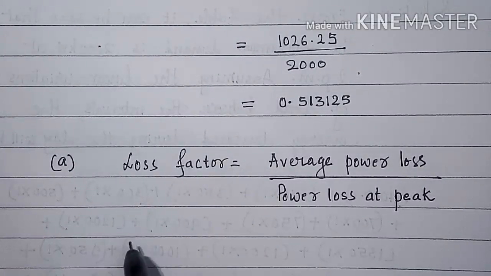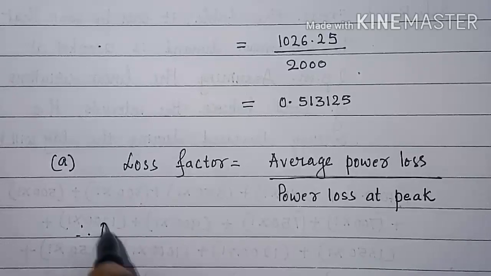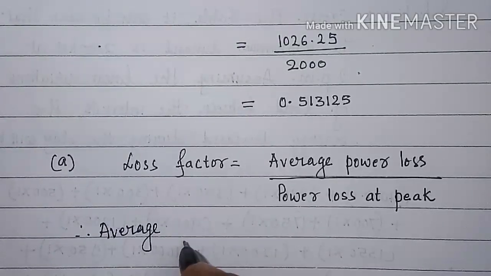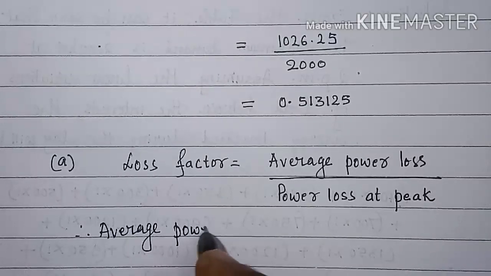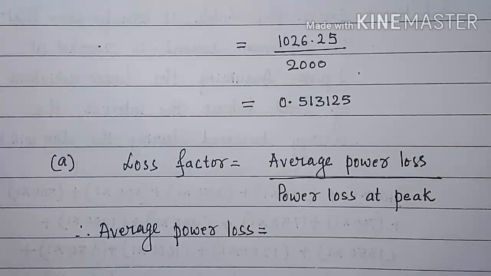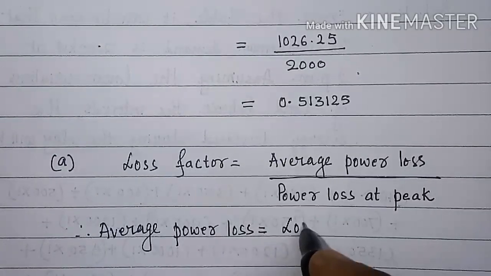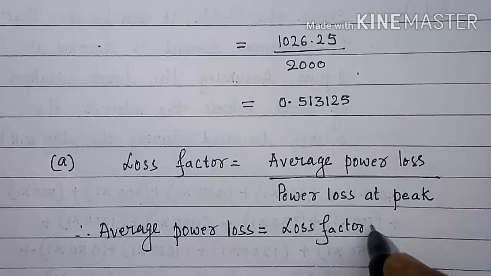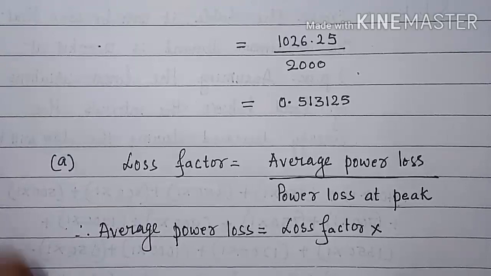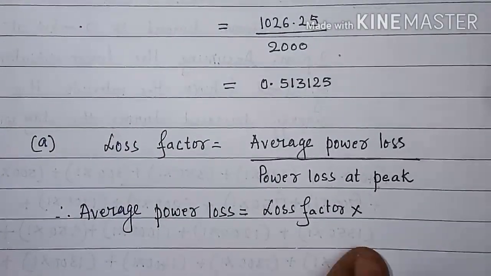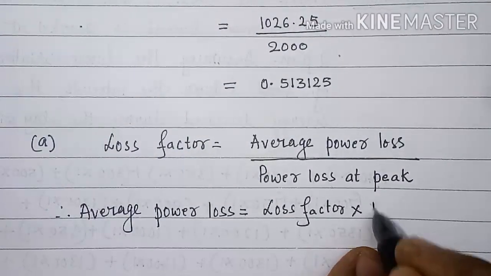So average power loss is equal to loss factor into power loss at peak.